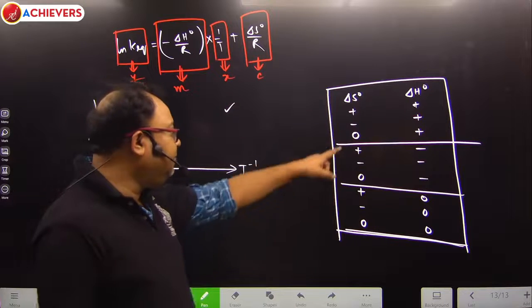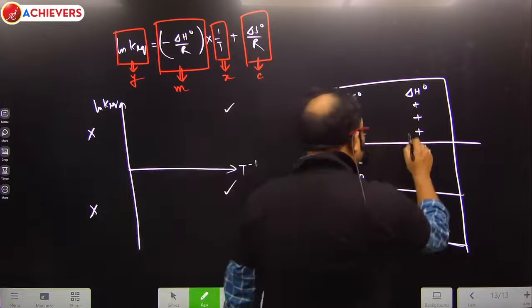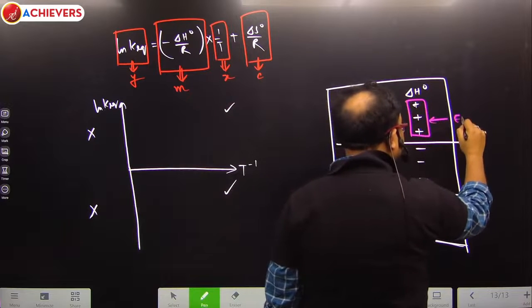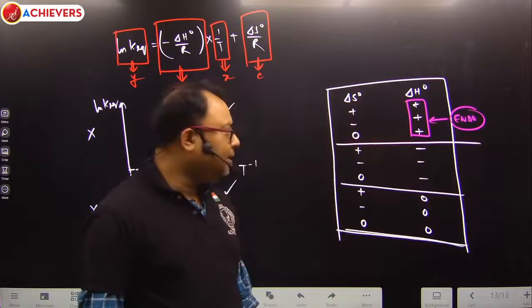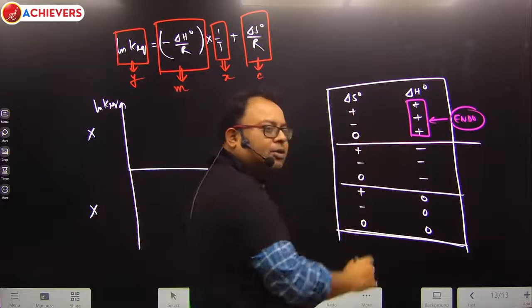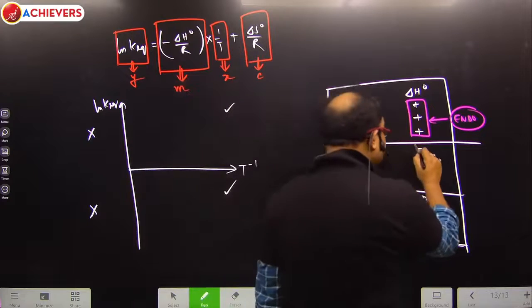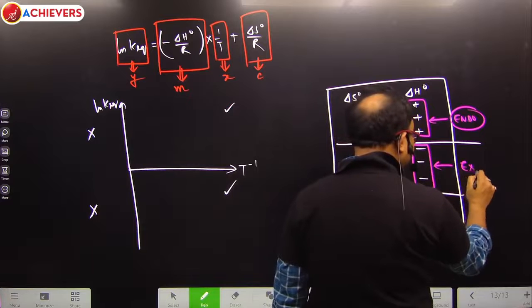For positive delta H naught, that is for endothermic reaction, if delta H naught is positive, then the reaction must be endothermic in nature. So for endothermic reaction, you have 3 options, delta S naught plus, minus, 0. For exothermic reactions, again you have 3 options.